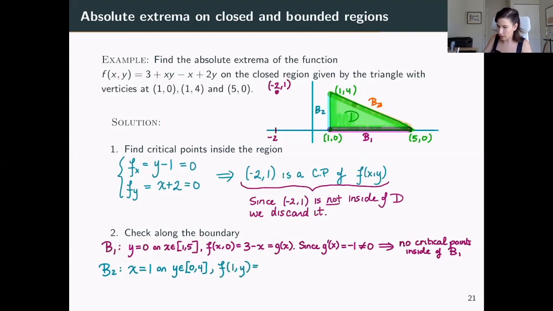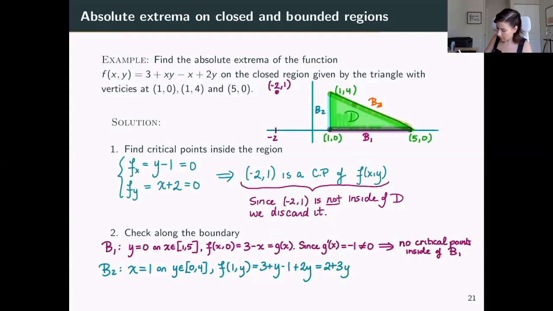Plugging in 1 wherever we see an x, we'll get 3 plus y minus 1 plus 2y, which will simplify to 2 plus 3y.